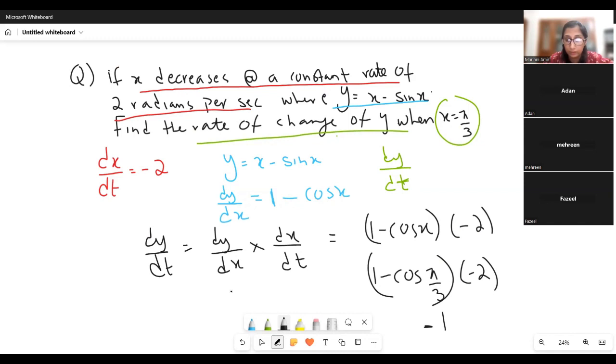Set settings to radians. 1 minus cos pi by 3 times minus 2, minus 1. Yes, that's correct. Any questions here? If not, then we move on.